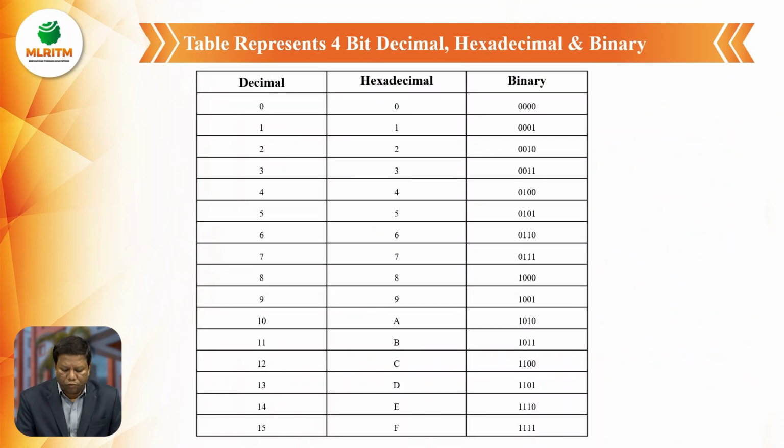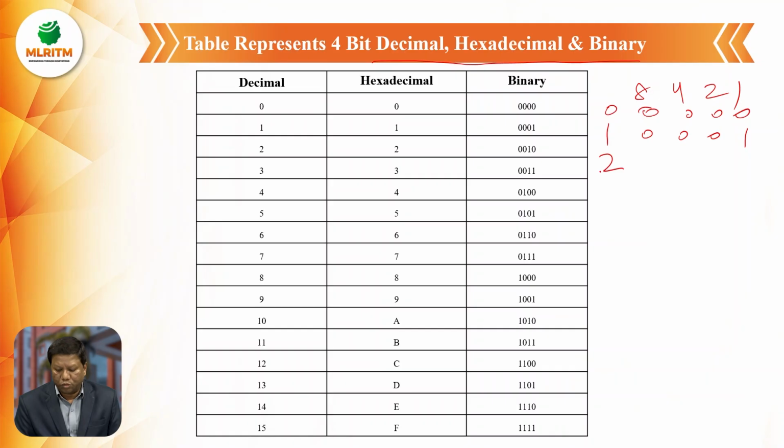And the next table represents 4-bit, decimal, hexadecimal and binary. With weights 8 4 2 1, when decimal value is 0, you will get all the bits as zeros only. When decimal value is 1, you will get the high value at the 1 position and the remaining bits will be 0.